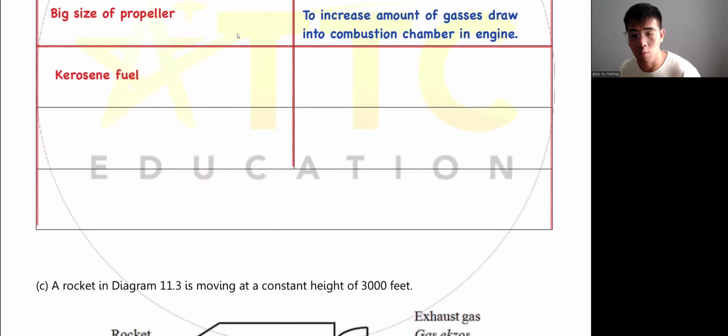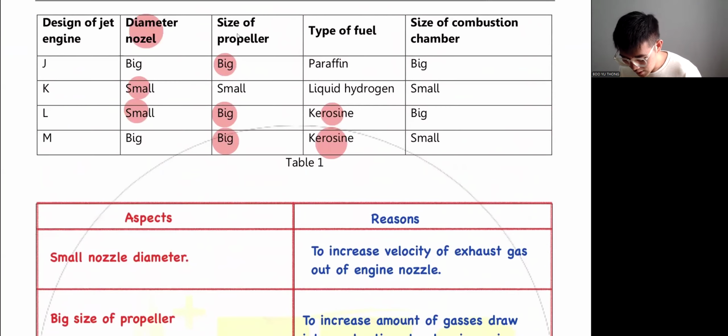Okay, and why do we use kerosene fuel? Now, do you guys still remember? I think in Form 3, just last year, you learned about petroleum. Petroleum is a mixture of different liquid inside. So you have to draw out the kerosene, the petroleum, the petrol gas, the diesel by using the distillation method.